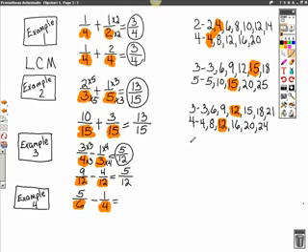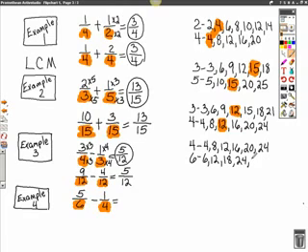So we'll come to our scratch paper and write 4, and then we'll write 6, and we're going to put beside these numbers the multiples of those numbers. So 4 is 4, 8, 12, 16, 20, 24, and it continues. 6 is 6, 12, 18, 24, 30, and it continues.